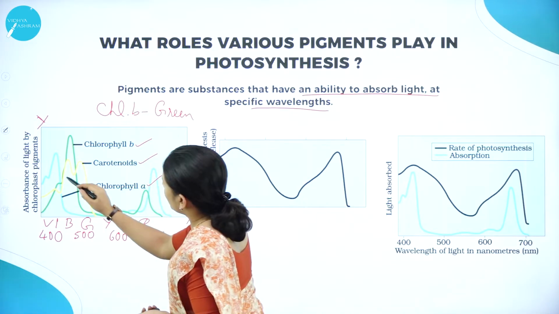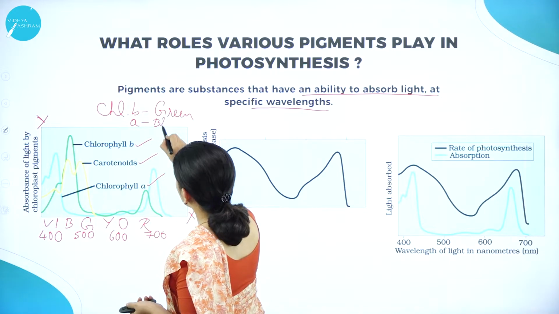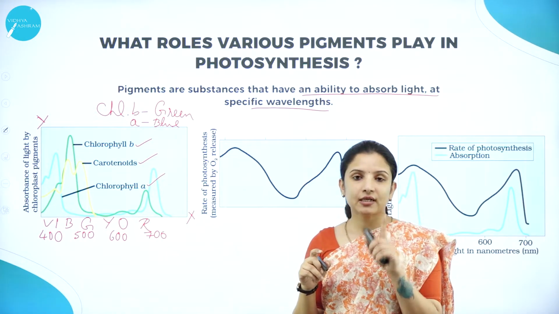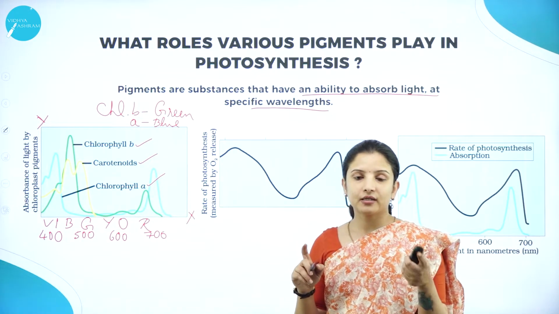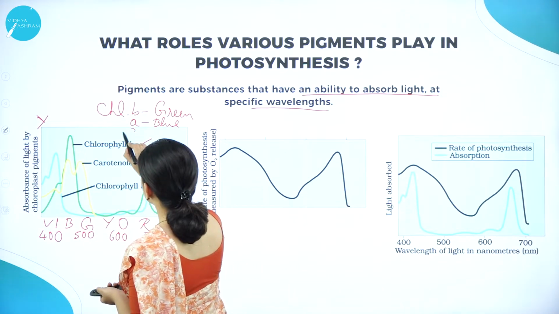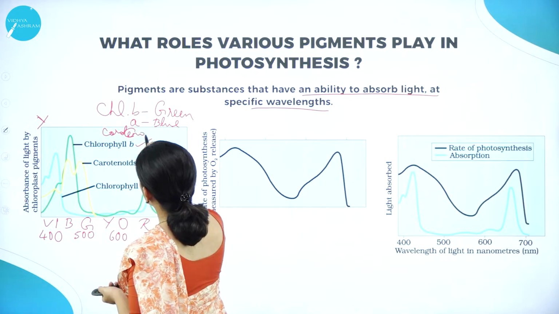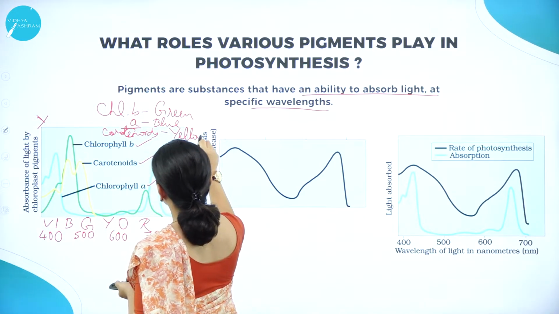And for chlorophyll A, they have given blue, because chlorophyll A pigment's color is blue-green. Chlorophyll B's pigment color is somewhat light green or yellow-green. And carotenoids, they have given yellow color, which is yellow to yellow-orange.